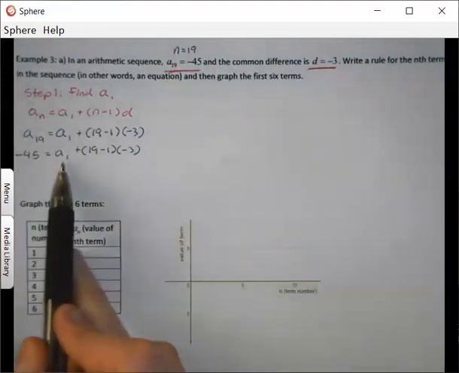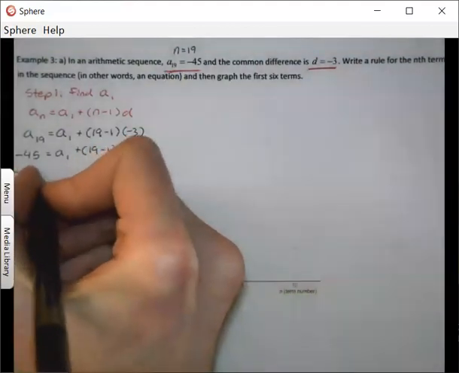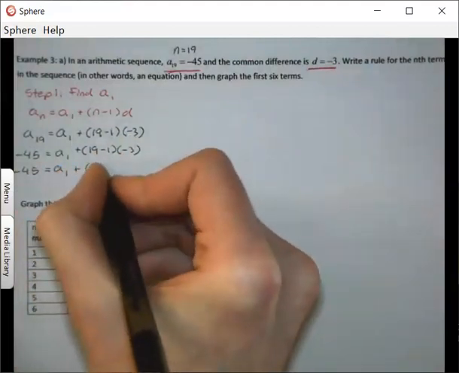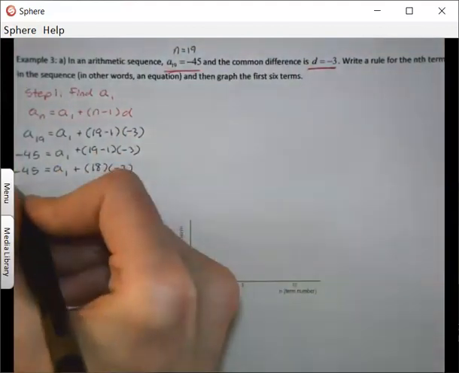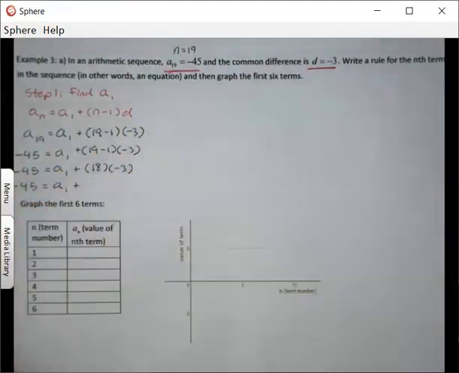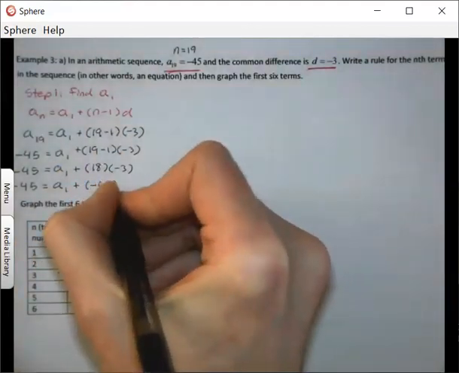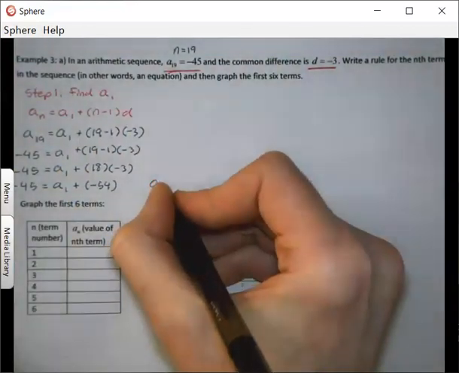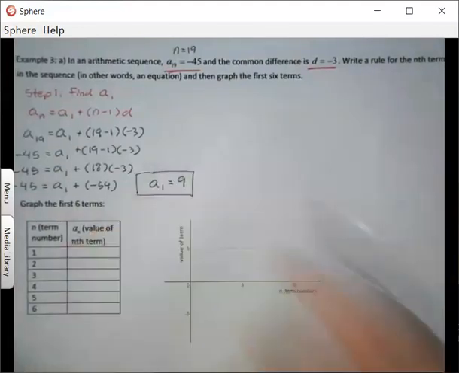So now we can solve this for a sub 1. 18 times negative 3 is minus 54. Add 54 to both sides, and we get a sub 1 is 9. Okay, we got our first term.